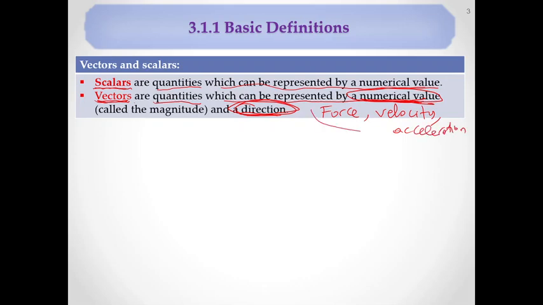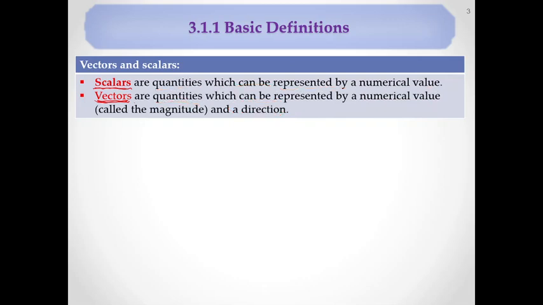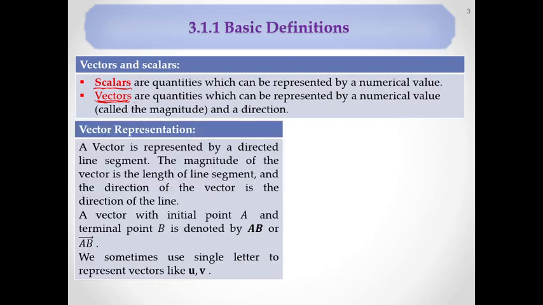These are mostly used in physics, but here in mathematics we will take just a mathematical point of view. A vector is represented by a directed line segment. It starts from a point, and the magnitude of the vector is the length of the segment.